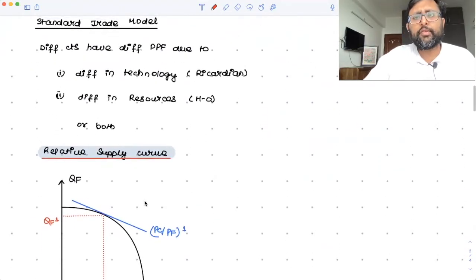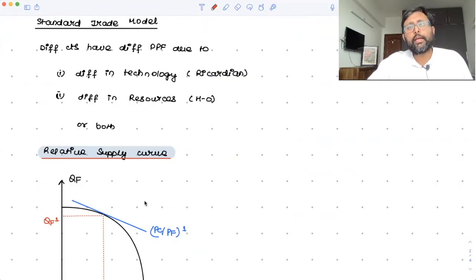Different countries have different PPFs. The reason being there can be differences in technology. That is what we have seen in the Ricardian model. Or there can be differences in the endowments, differences in resources. That is what you have seen in the Heckscher-Ohlin model. Or there can be differences in both.